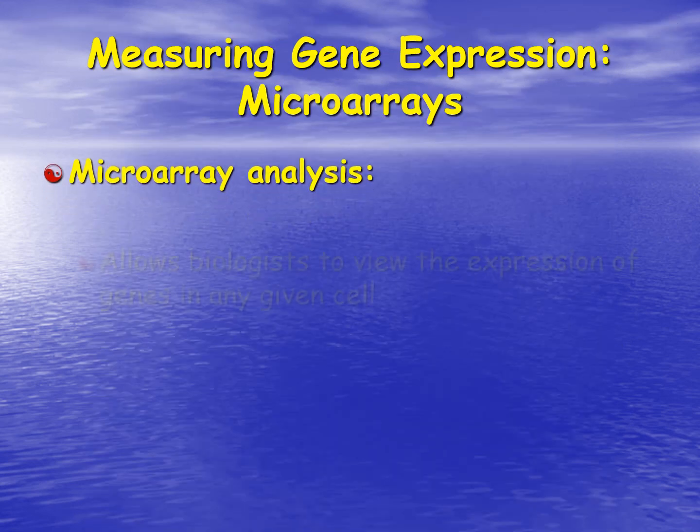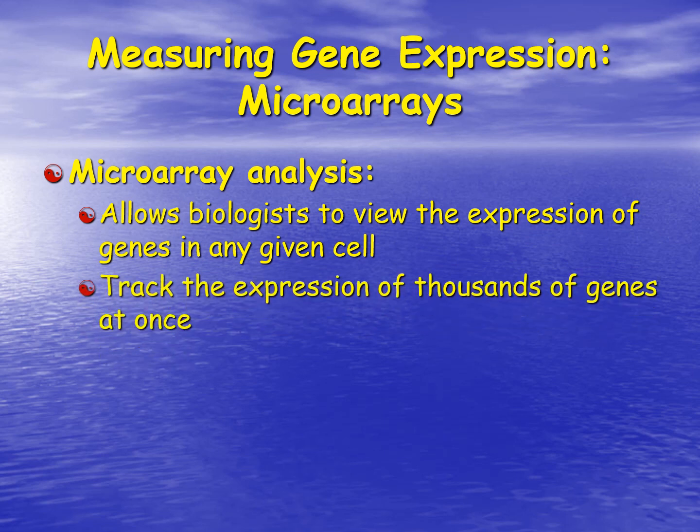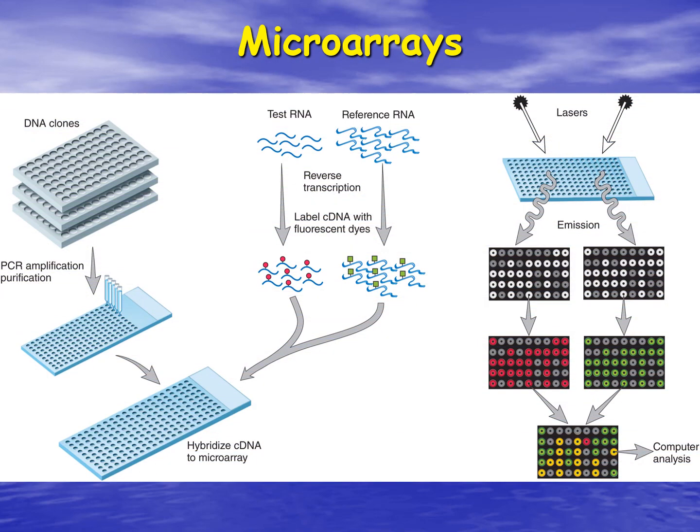Now, microarrays allow biologists to view the expression of genes in any given cell. They track the expression of thousands of genes all at the same time. And so we use again DNA clones, and we can take the DNA, hybridize it, and put it in these microarrays and then see where hybridization occurs.